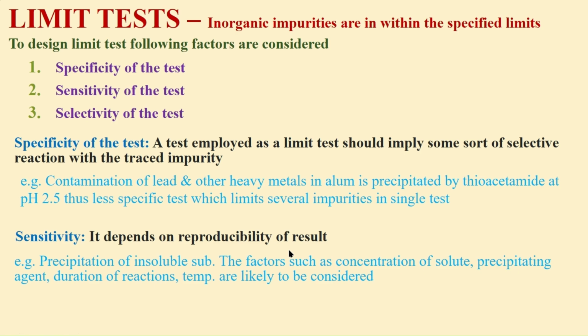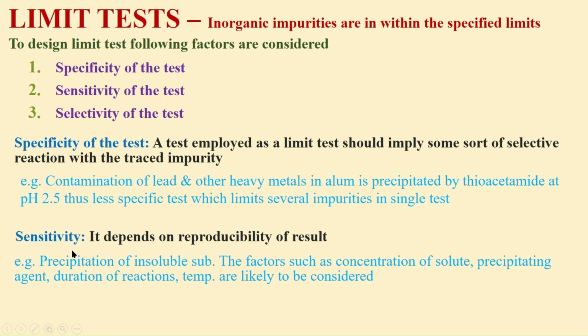The precipitates which are formed are insoluble substances. Precipitate formation depends upon various factors like the concentration of the starting material we use, the concentration of the reactant we use, the concentration of the precipitating agent we use, duration of the reaction, temperature of the reaction, and pH of the reaction.